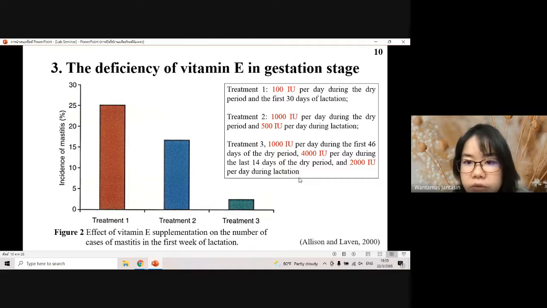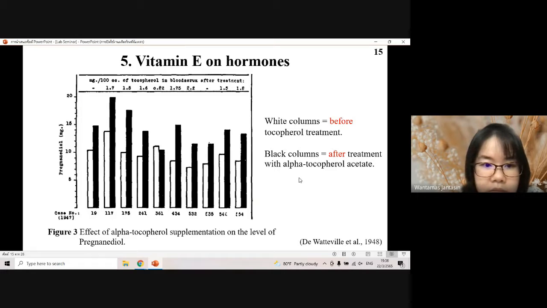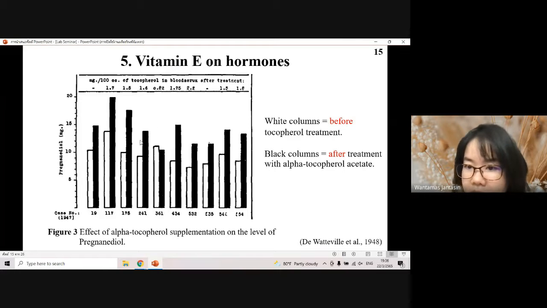Can you please go to slide 15? From this slide, can you explain more about the number on the horizontal line?